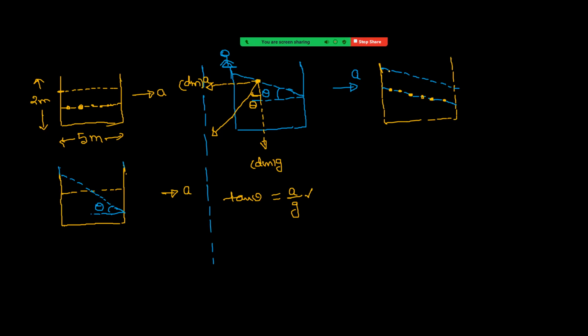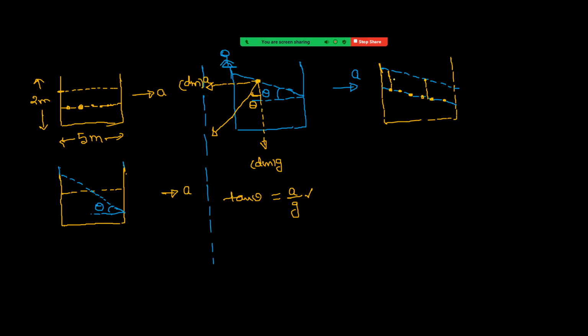Or you can take, for example, a depth y. Suppose this separation, I'm taking a line along the vertical. If this is y, and you take any vertical line from here to here, this is also y. That means the depth from here is y. We have learned that pressure will be the same at the same depth.